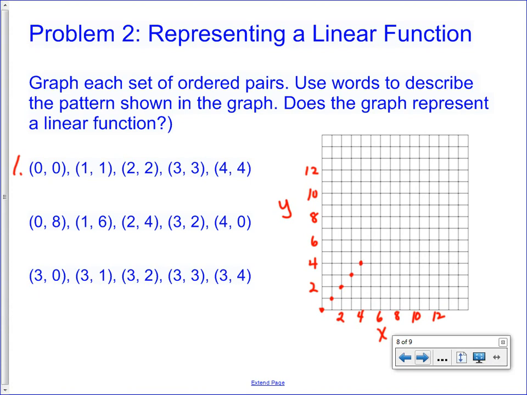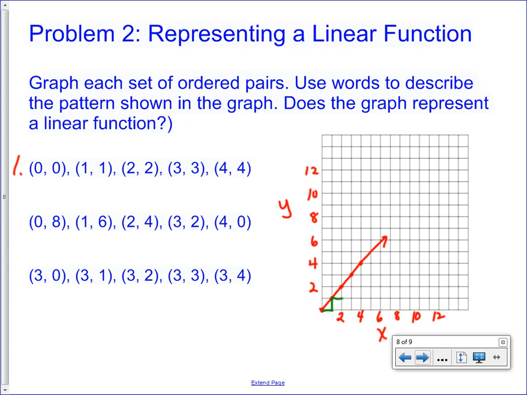All right, so let's describe this function. As x increases by 1, what happens to the y? Well, it increases by 1. So as x goes up 1, y goes up 1.